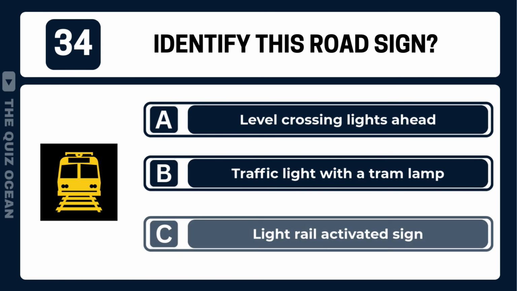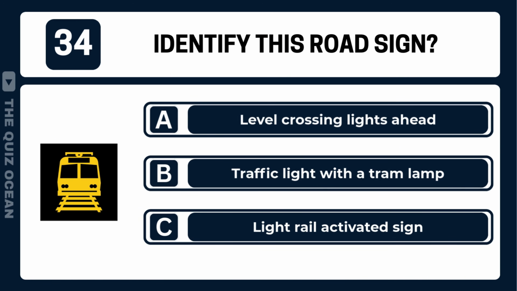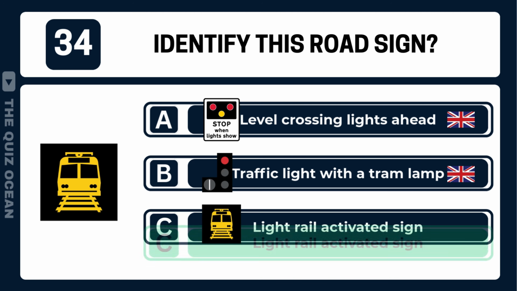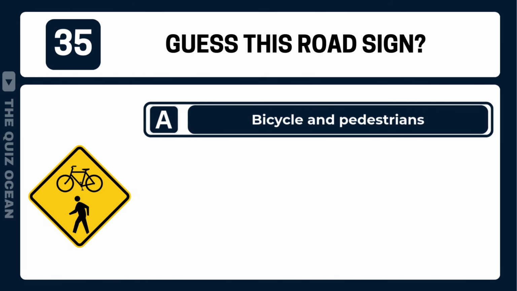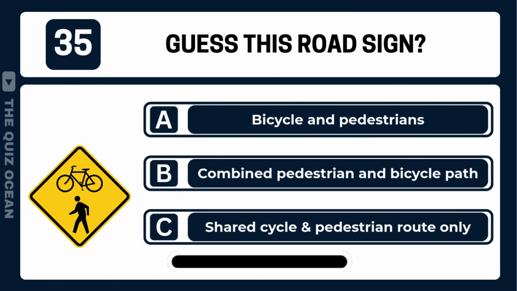Question 34. Identify this road sign. The answer is C. Light rail activated sign. Question 35. Guess this road sign.